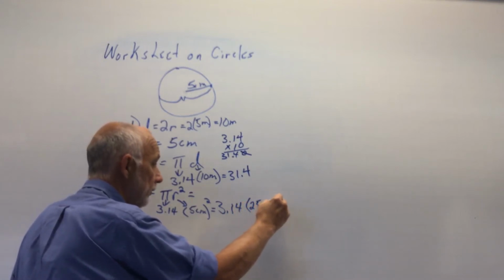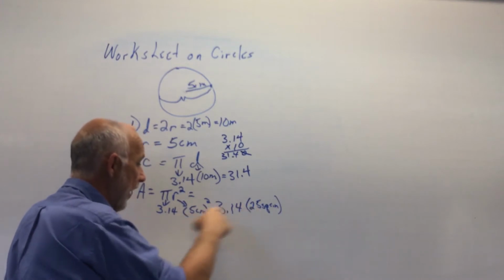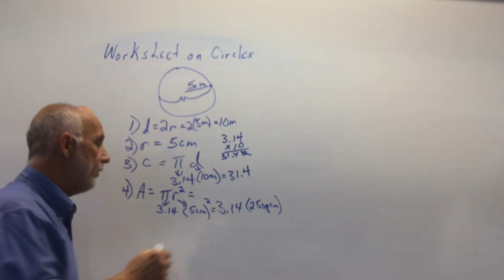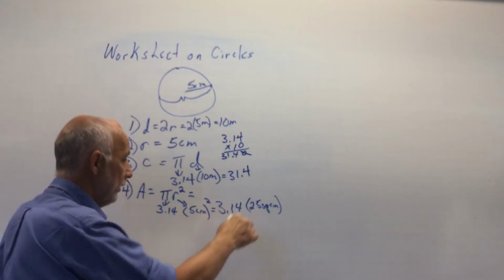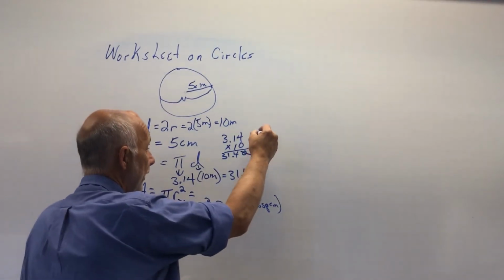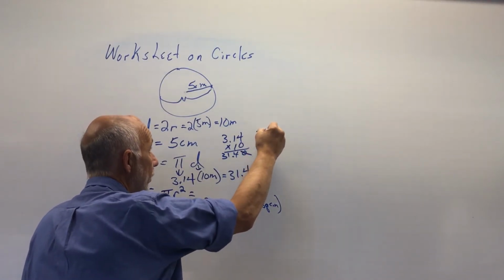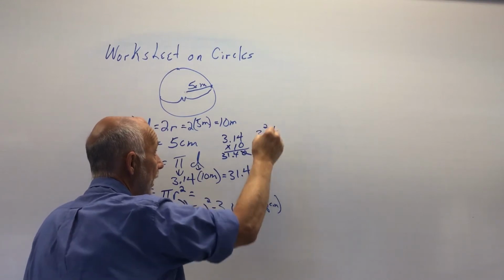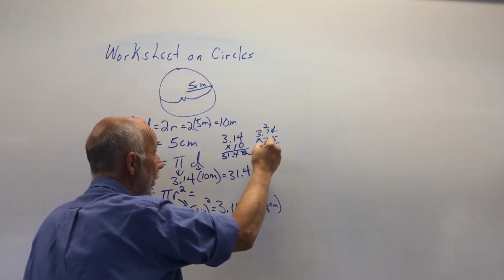Because 5 times 5 is 25, centimeters times centimeters is square centimeters. And then you multiply 3.14 times 25. And again, you have to do the work. You don't have to do the work because you have a calculator. I have to do the work because I don't have a calculator, okay?